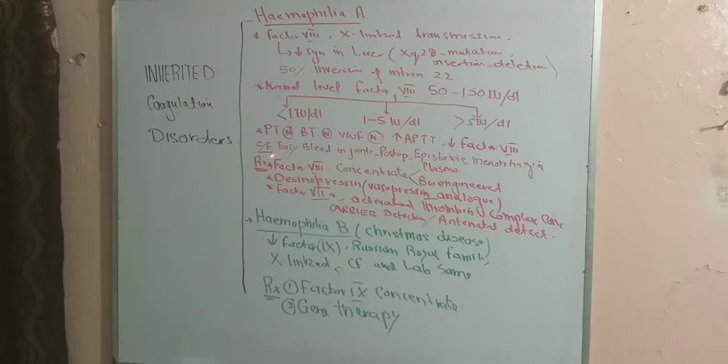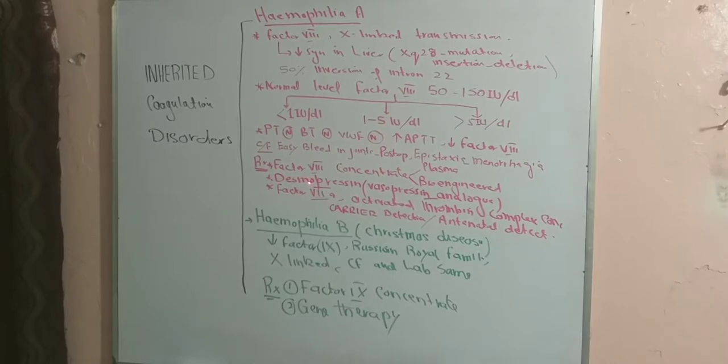We can give factor 8 concentrate, which is either naturally derived from the plasma, which has a half-life of 12 hours, or it can be the bioengineered, recombinant form of factor 8 concentrate, which is higher in price, but it has a longer duration of action, 1.5 times more than the natural one.